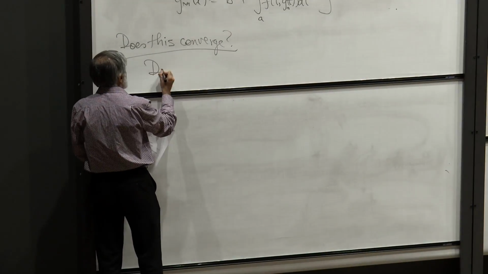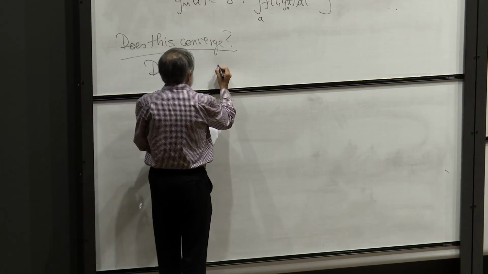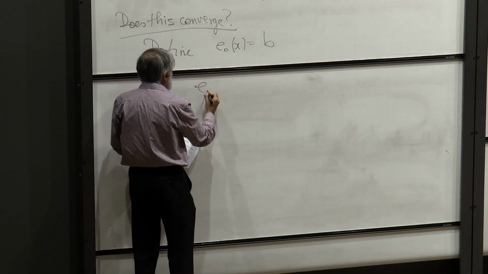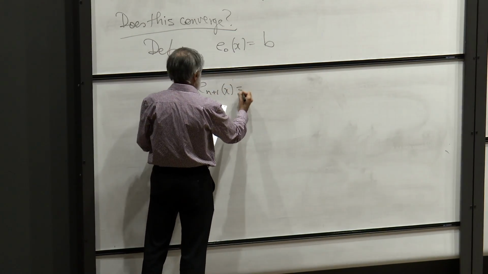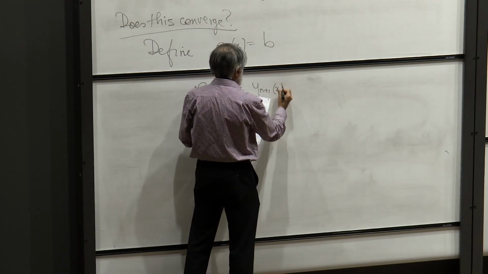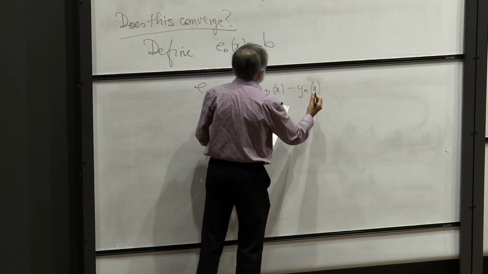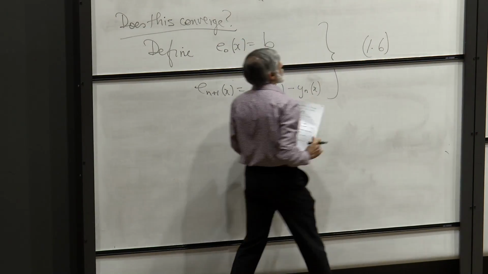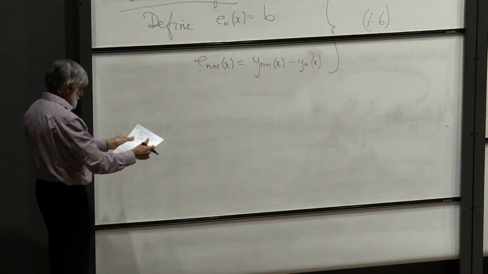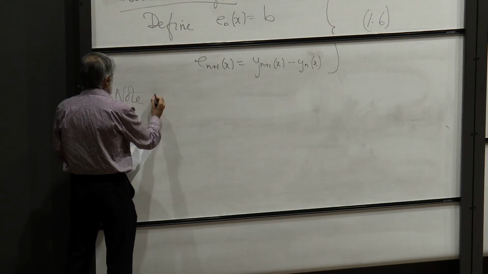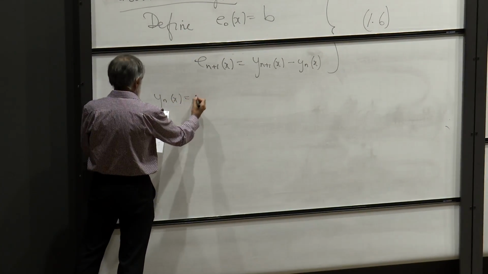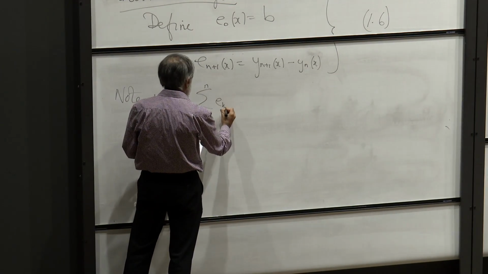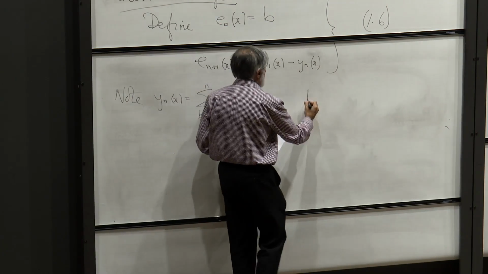So we define E0 to be b, and then E_{n+1} of x to be y_{n+1} of x minus y_n of x. So that is 1.6. And then we note that y_n of x is just the sum of the e's, going k equals 0 to n, e_k of x, 1.7.